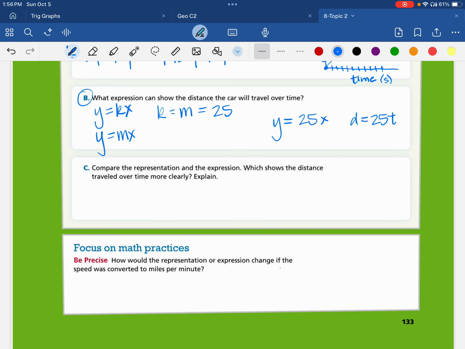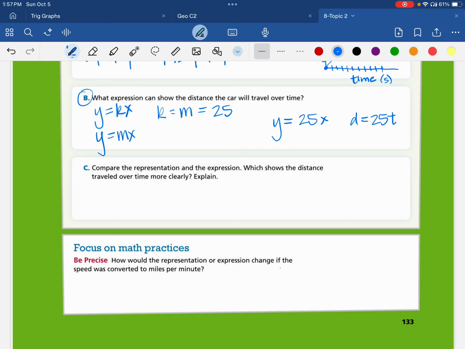For the focus problem, we're not actually going to answer this one, like finding the number, because the conversion here is not super nice. But how would the representation or expression change if the speed was converted to miles per minute? The values that we'd plug in for time would change because now we're looking at minutes instead of seconds.